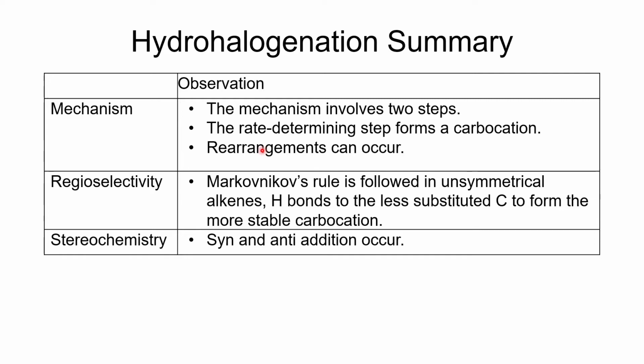They can kind of jump out at you without you knowing that they were going to happen. As far as regioselectivity, we're going to use Markovnikov's rule, which tells us that the hydrogen will bond to the carbon that has the most hydrogens. The reason for that is because that means it forms a more stable carbocation. And then finally, for the stereochemistry, we get both syn and anti-addition.